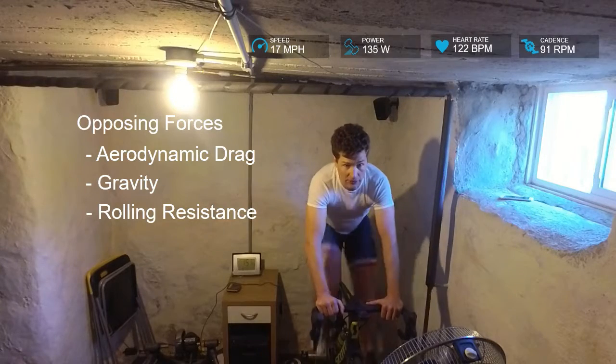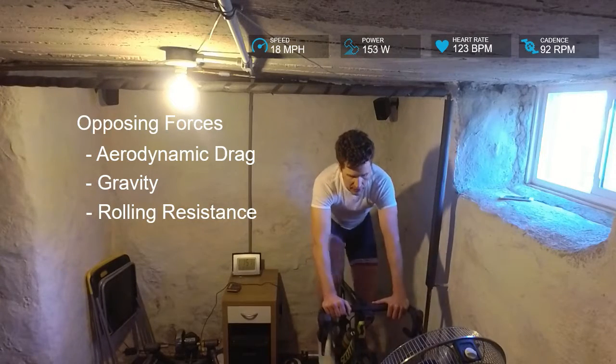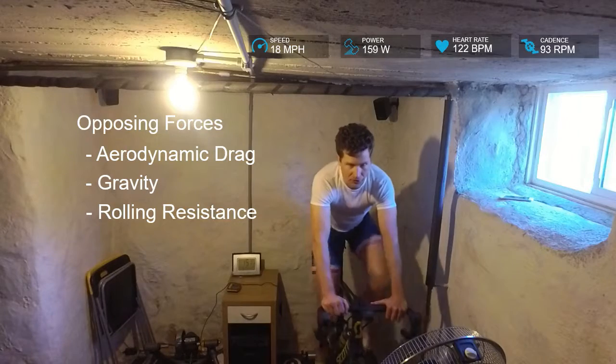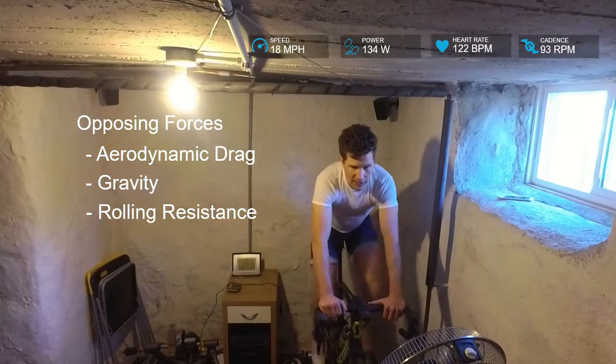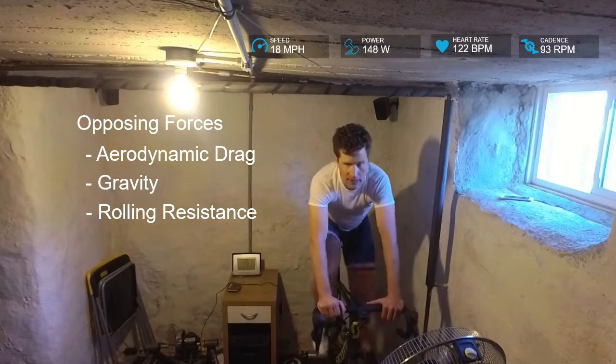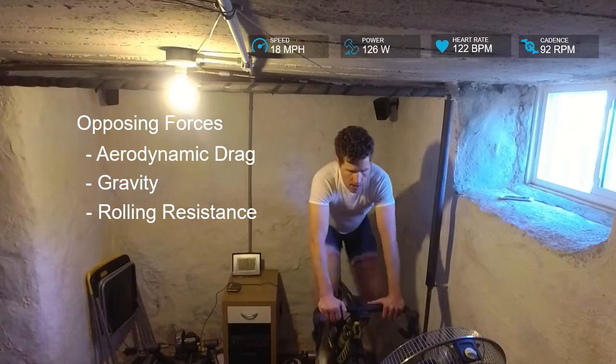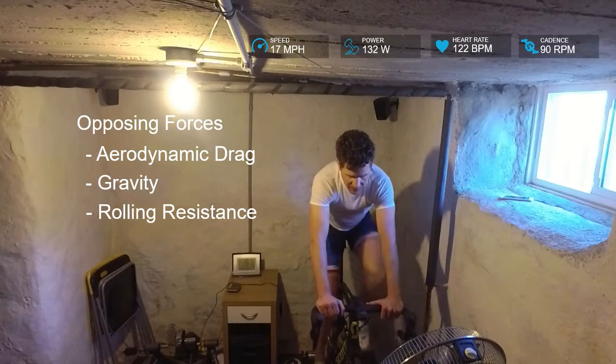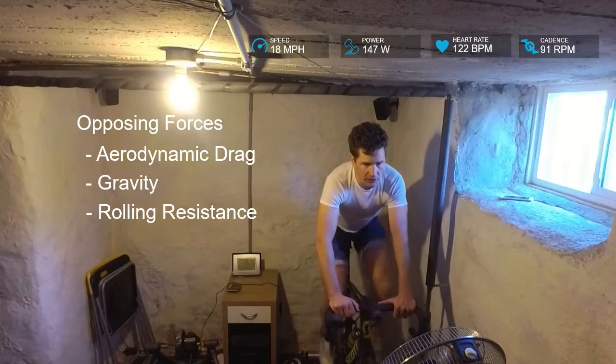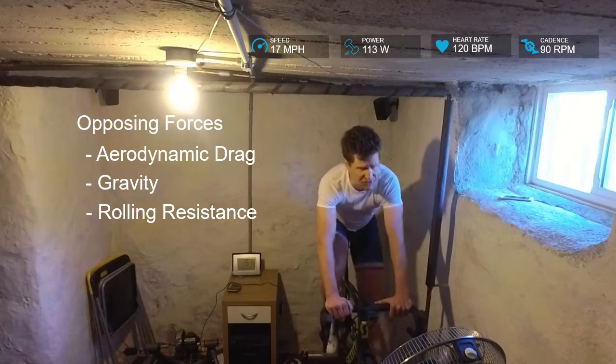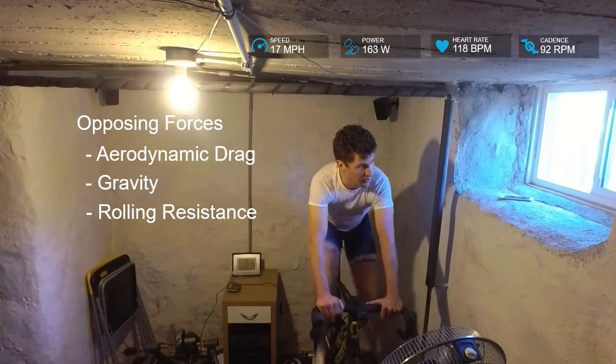Just think about riding down a paved road at 20 miles an hour, and then you jump off onto the grass and try to keep going 20 miles an hour. It's a lot more work. For mountain bikers and cyclocross riders, this is really huge all the time.